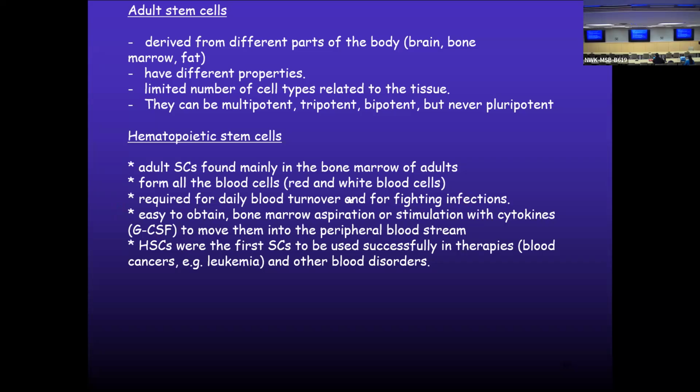So we have them in the bone marrow. We can either resort to biopsies or just inject certain factors that will release those hematopoietic stem cells into the circulation, which is very simple. Then we have to draw some blood and then separate.